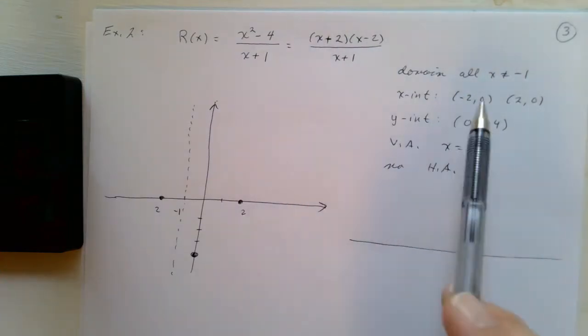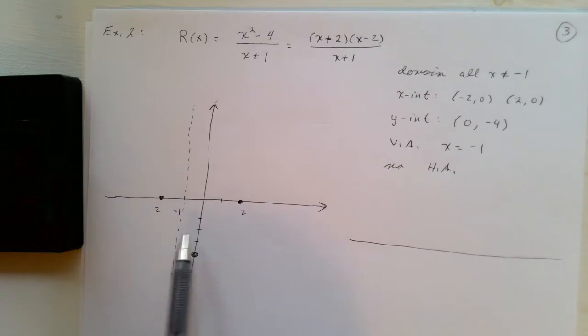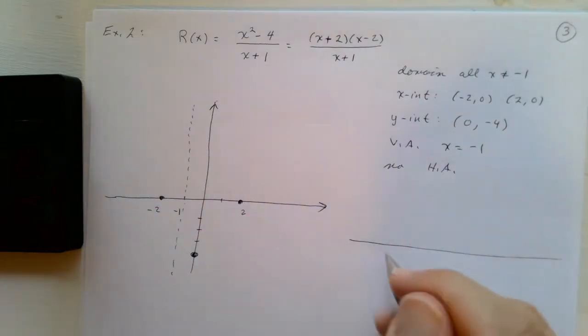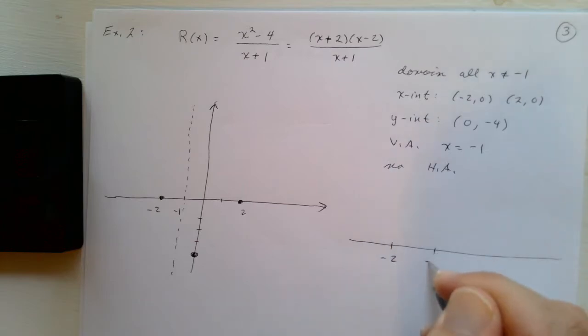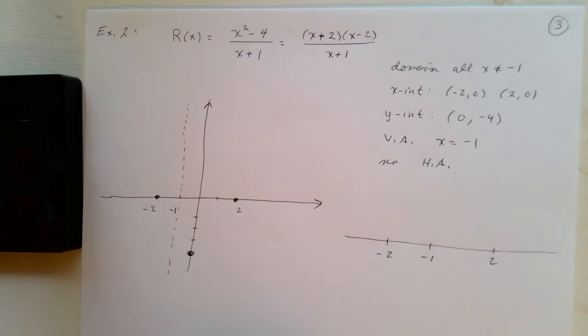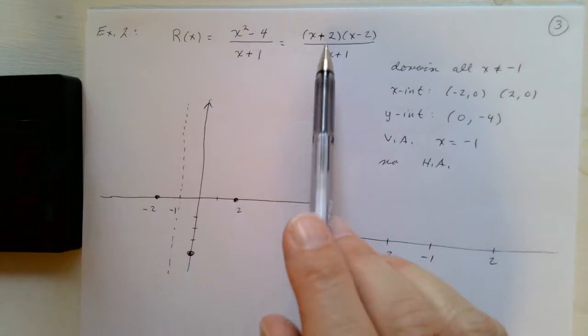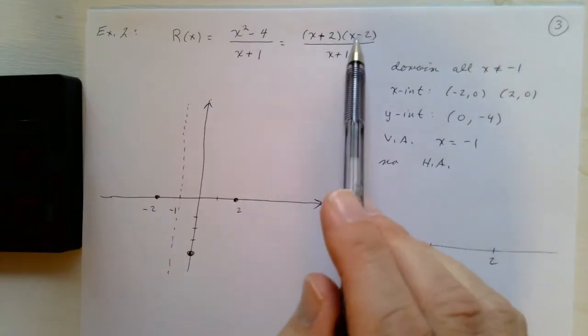The points of interest are where our asymptotes and x-intercepts are, so negative 2, negative 1, and positive 2. Just as before, you can plug in a number in each interval, like 3, and you'll see it's positive, or you can see that when x is bigger than 2, all of these are positive.